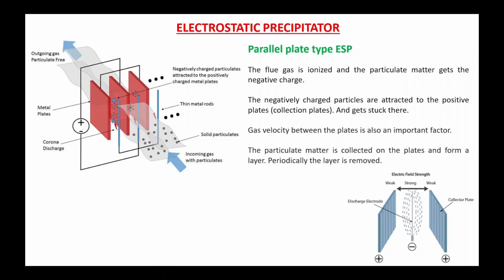Once you apply voltage, the collection plates acquire a positive voltage, and the discharge electrode has a negative voltage. When you pass the gas, the particulate matter in the gas gets negatively charged due to this discharge electrode, and gets attracted towards the collection plates, which are positively charged.